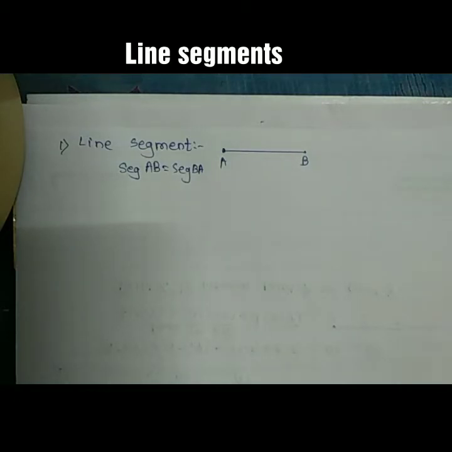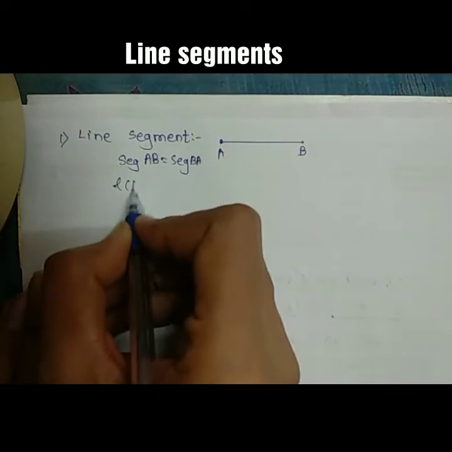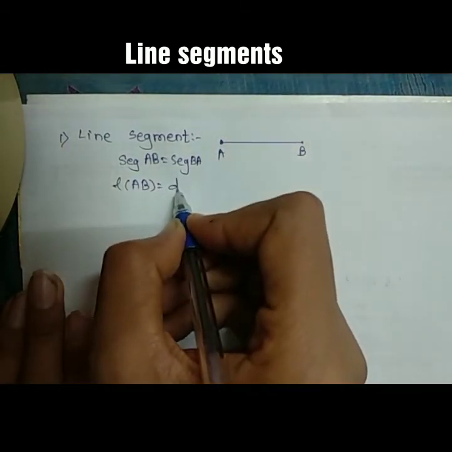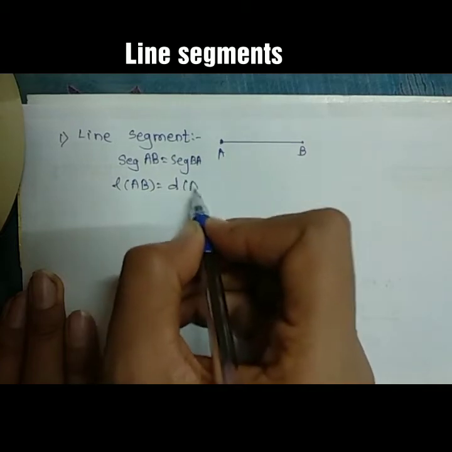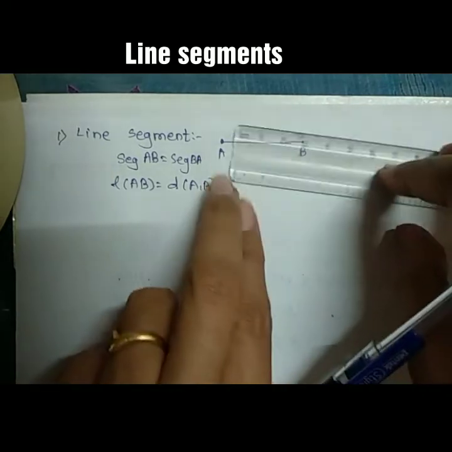Point A and point B are called the end points of segment AB. The distance between the end points of a segment is called the length of the segment, that is, length of AB. Also we can write here distance between point A and B. Let's find out the distance.